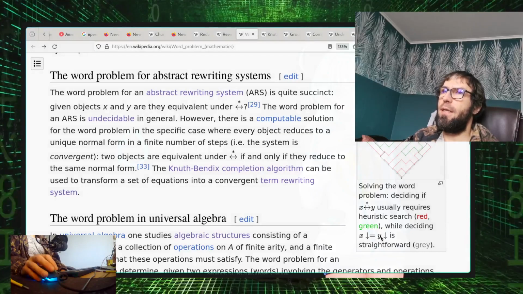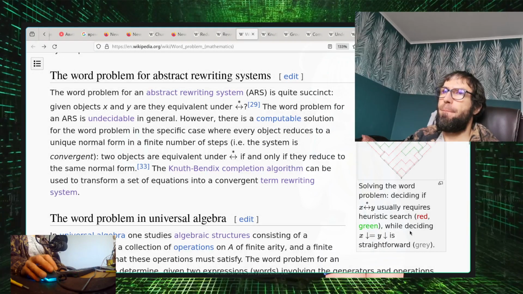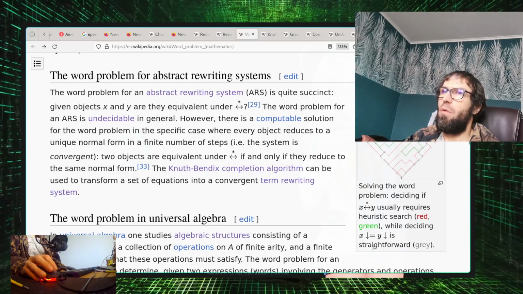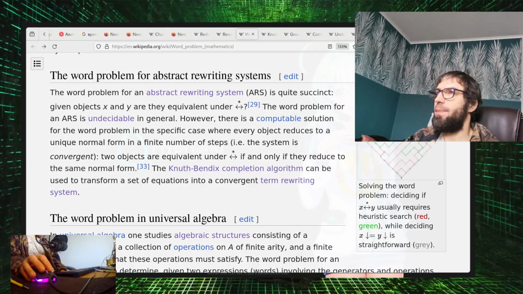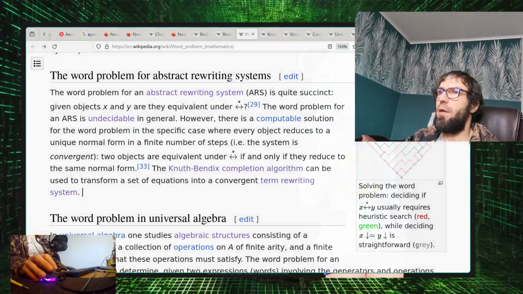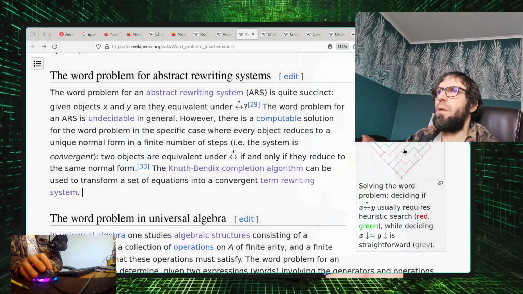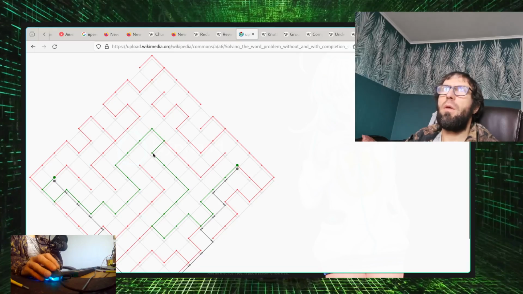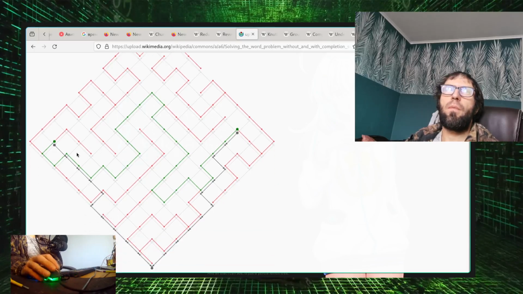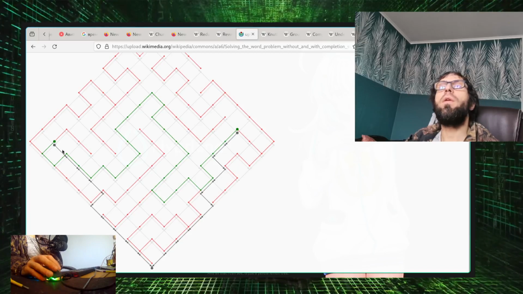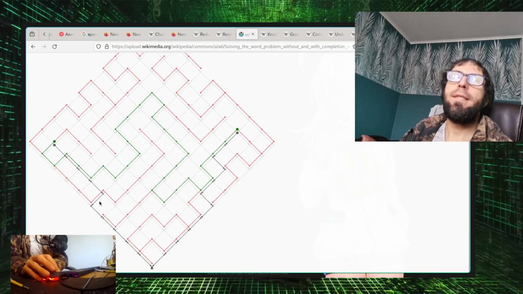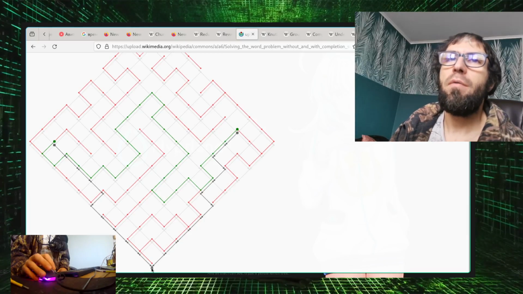While deciding whether the normal form of x equals the normal form of y is straightforward, we just do the reduction steps. So let's look here. By these gray arrows, we see how to find the normal forms.